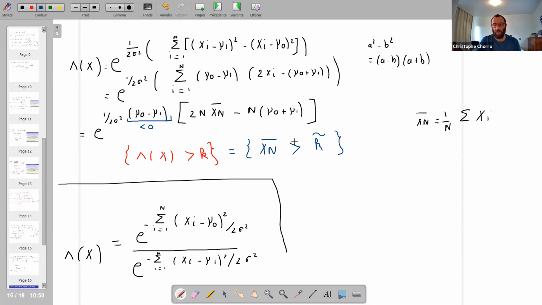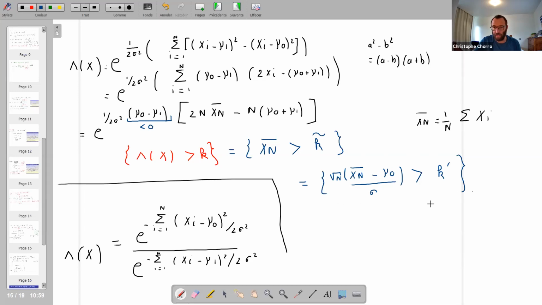But this set may also be written as x̄n minus mu0 over sigma times square root of n, greater than another constant, k prime. Because I just subtract mu0, I divide by sigma, and I multiply by the square root of n. So my quantity of interest is just something of this form.